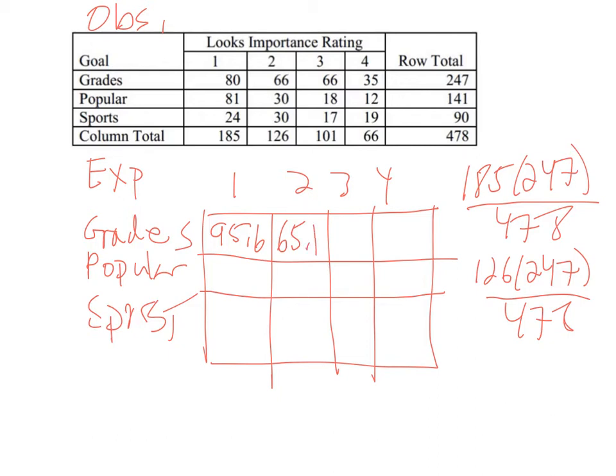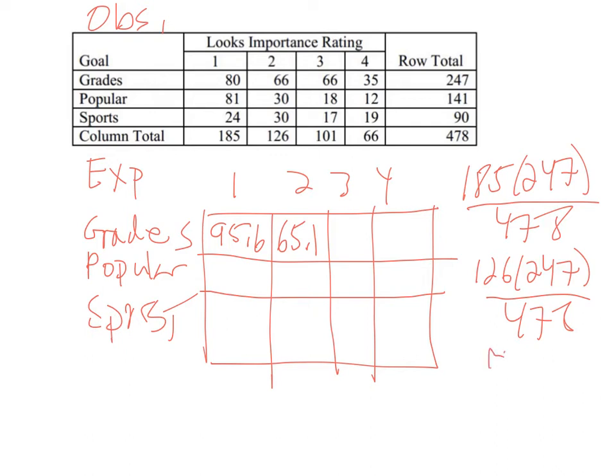So now how do I get this value here? I hope you thought, oh, I'm going to take 101, because that's the sum of that column 3. I'm in column 3, times that row total, 247, divided by 478.